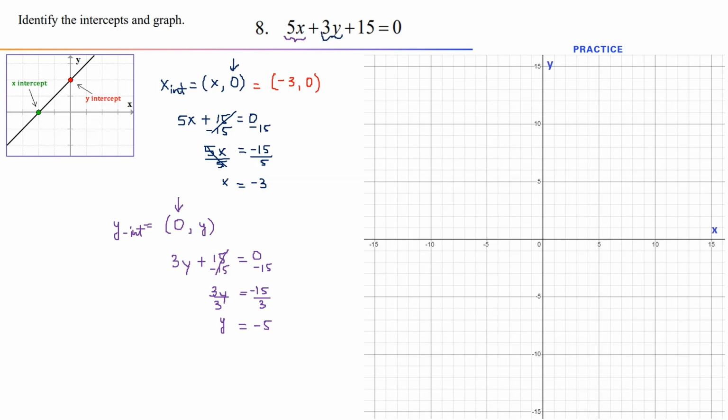So the final point is 0 comma negative 5. Now we find those points on the graph. It will be negative 3, 0. Then we have 0, negative 5. Now we connect those points. That should be a straight line going through those points.